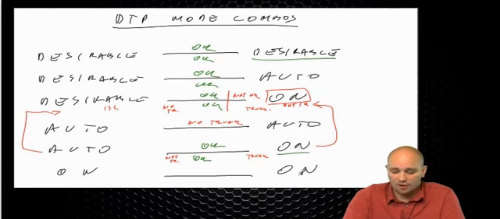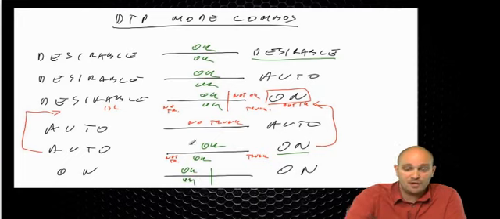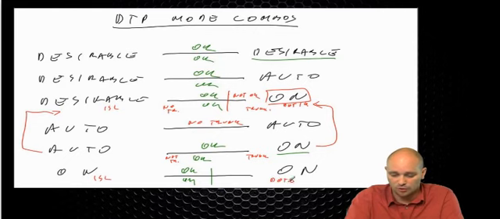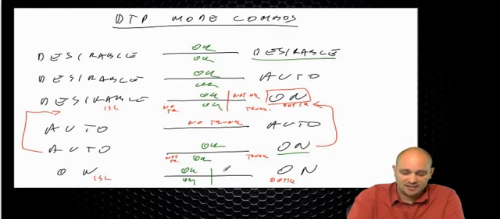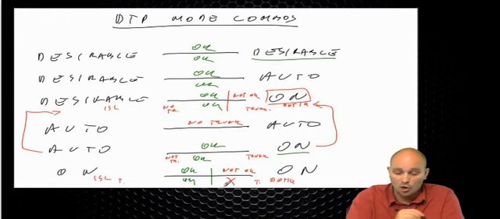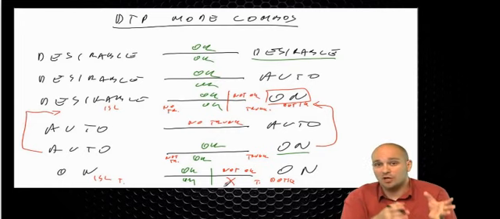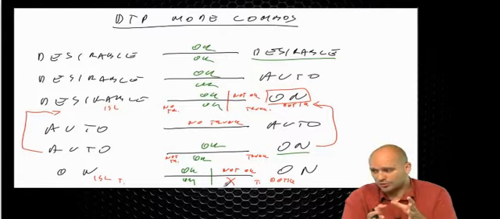Now, if we have on and on, if the encapsulations match, we are going to be OK and the trunk will be operational. But again, if we have a mismatch, let's say that this side wants ISL and this one wants .1q, we are not going to be OK, and this side is going to think it's a trunk, this side is going to be a trunk, but there will be no operational traffic passing through because the encapsulations won't match on these two sides.